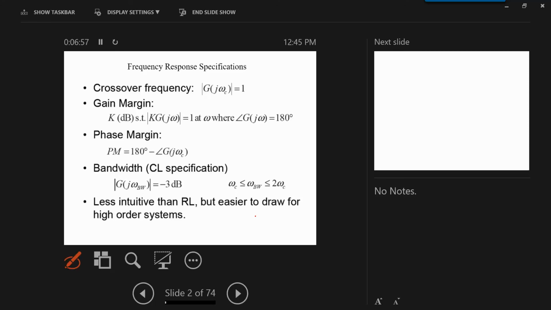The last observation on the frequency response is that it is physically less intuitive than the root locus. If you want to understand the physics of the problem, the root locus helps you better. But the advantage of the frequency response is that it is a lot easier to draw than the root locus.